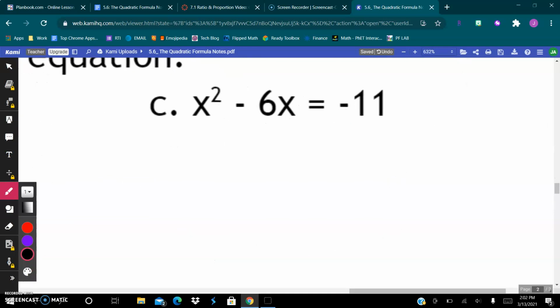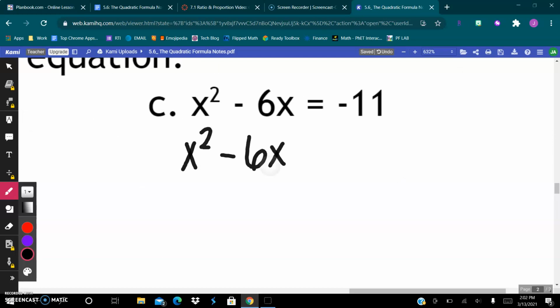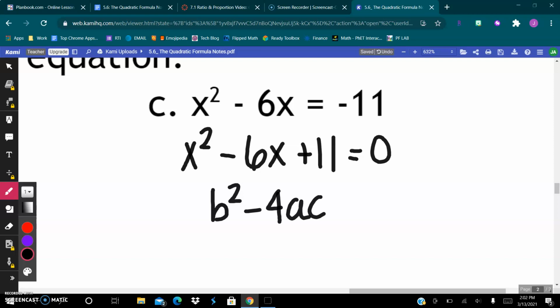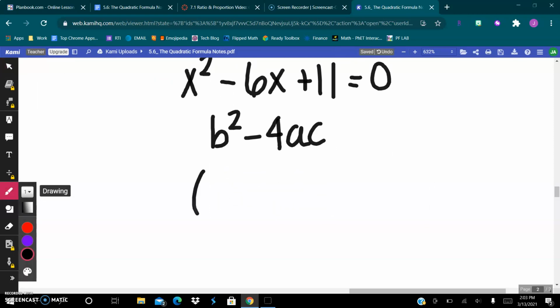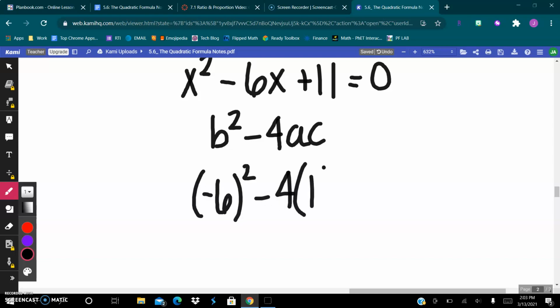And then on our last one, we're going to add 11 to both sides. So we're going to have x squared minus 6x plus 11 equals 0. And then we have b squared minus 4ac. b is -6 again, a is 1, and c is 11 this time.